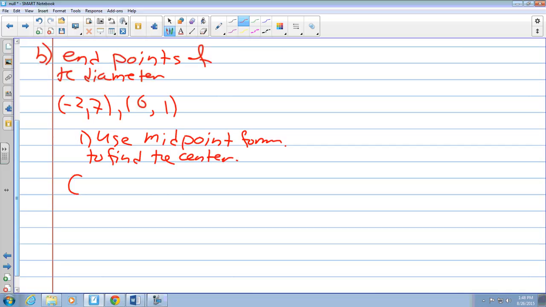So in this case, it is 6 minus 2 over 2, right? And then 7 plus 1 over 2. It looks like what? 2, 4. Right. 2 and a 4. So that's the center.